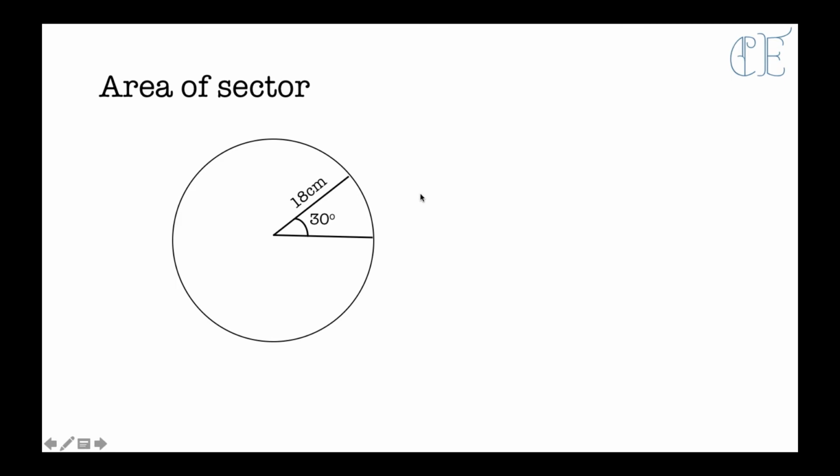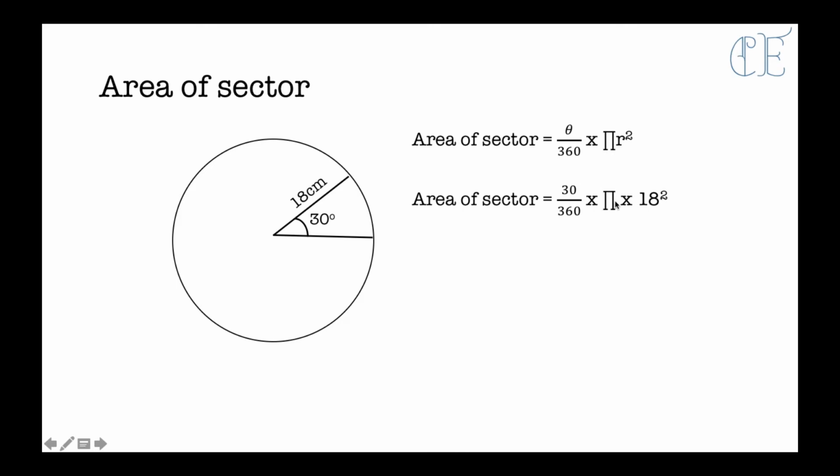So here we have the same circle, but we're going to use our formula for the area instead. Where the theta sign is, would be 30 times by pi times by r squared, which is 18 squared, because 18 is the radius. I've just cancelled down my fraction to 1/12 just by taking off the zeros and then dividing it down.